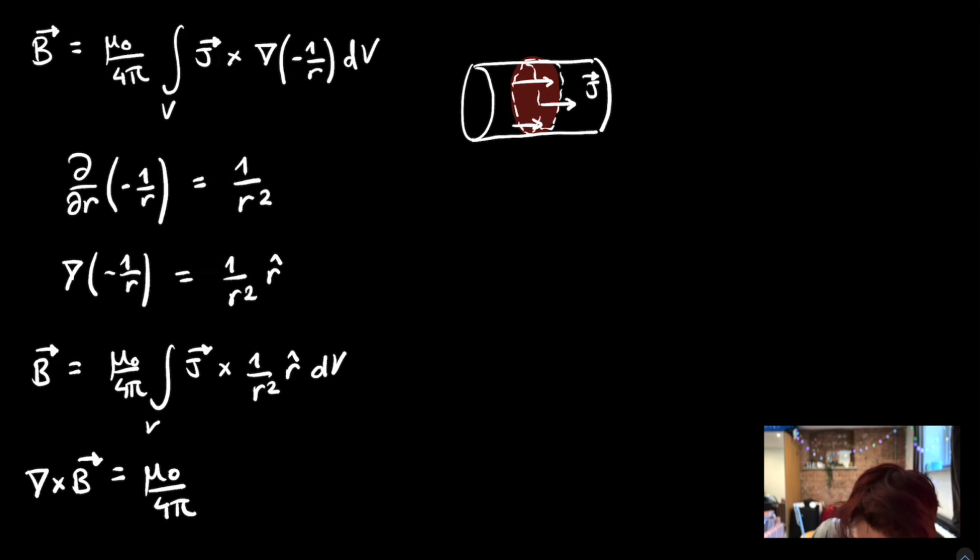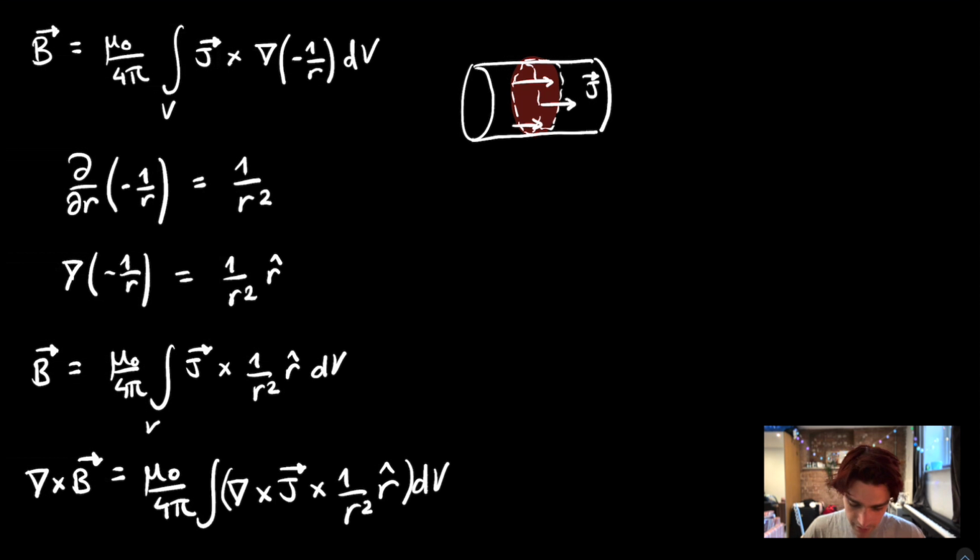And we can bring this curl inside the integral, because as we said before, the integral is over a different coordinate system to our evaluation coordinate system, if you like. So we're going to get the integral of the curl of this whole vector. We're just taking the curl of both sides and bringing it inside the integral right there.